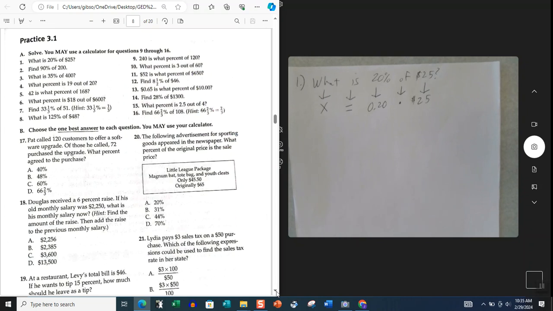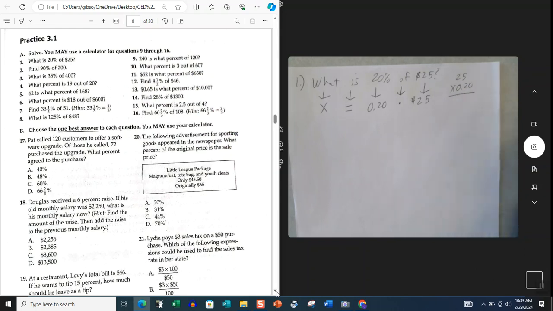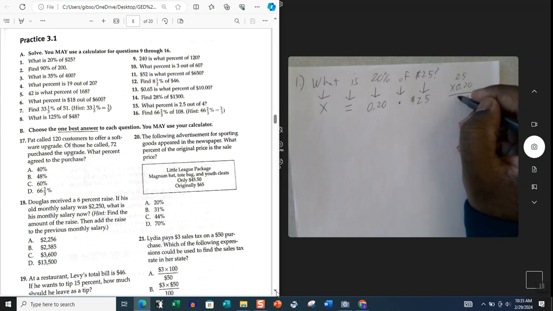Now all we have to do is multiply, and then we will have what X is equal to. So we could go off to the side and take 25 times 0.20. Remember, when you learn multiplying decimals, I told you to get rid of the decimal and just do regular multiplication. 0 times 5 is 0, 0 times 2 is 0.